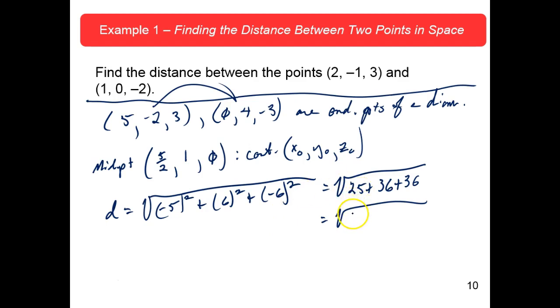Say that again: 5 plus 6 plus 6. Okay, that would be 17. Carry a 1. I'm waiting. 17. 25 plus 36 plus 36?